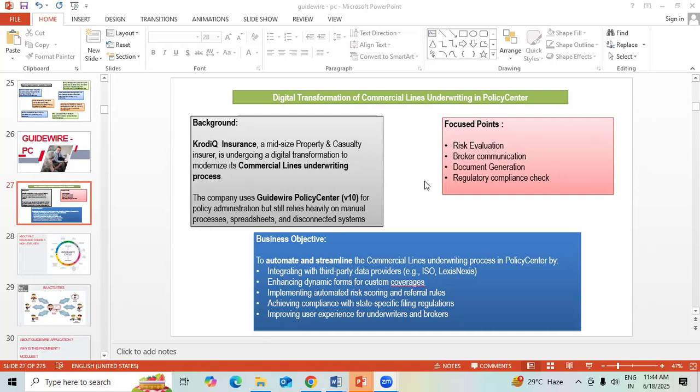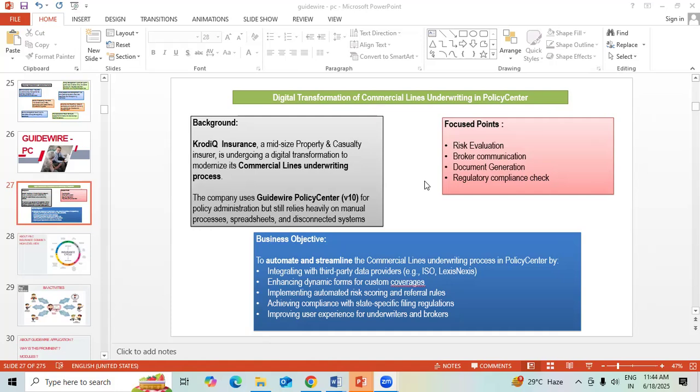So third, the business objectives. What business objectives were identified? Business objectives were identified based on the business situation observed by us as a BA team. Because this is a manual process wherein they are preparing some spreadsheets, they want to automate and streamline the commercial lines underwriting process in PolicyCenter.